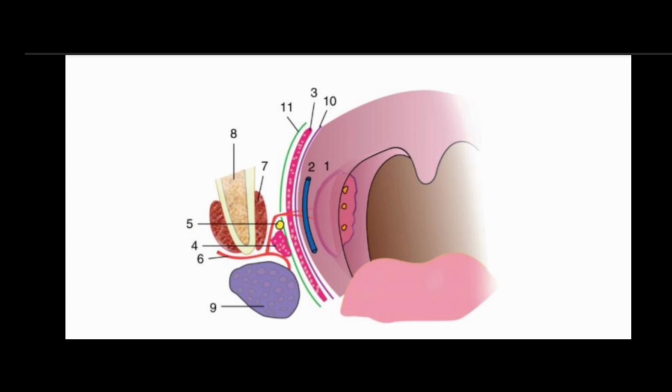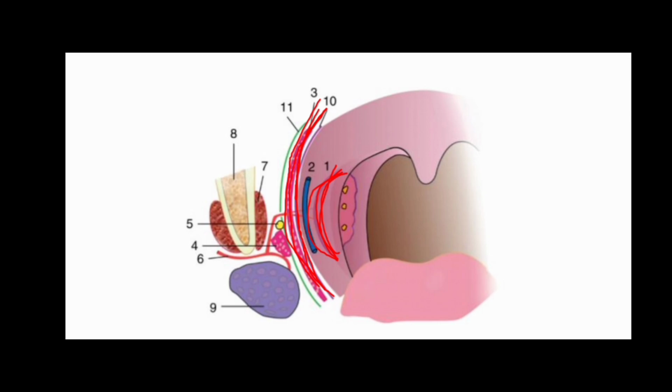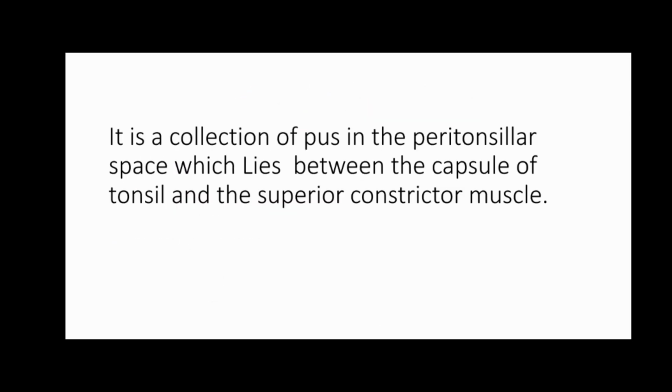Here, I'm just going to talk about the capsule and the superior constrictor muscle. See, the pink one is the superior constrictor muscle, and this is the capsule of the tonsil. The space between the capsule and the superior constrictor muscle is called the peritonsillar space. So accumulation of pus between these two is a peritonsillar abscess.